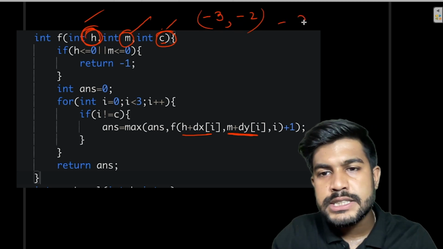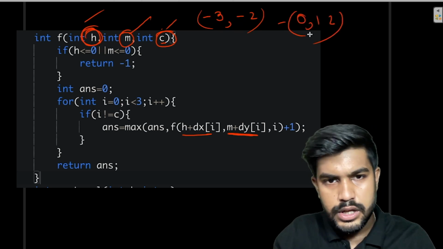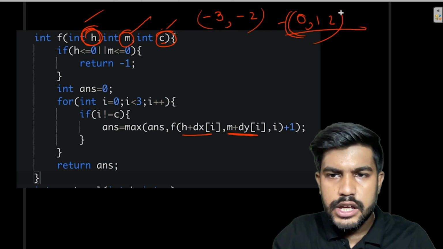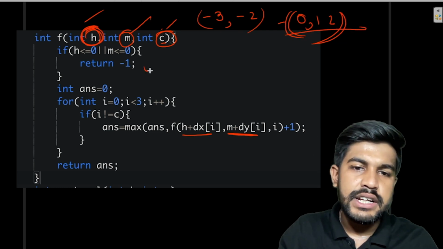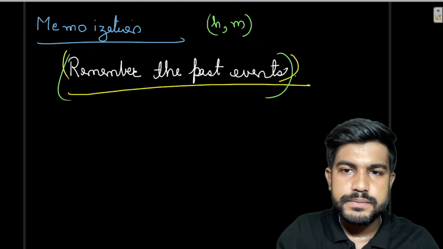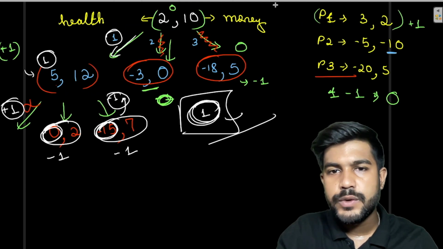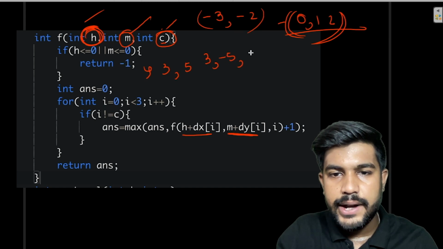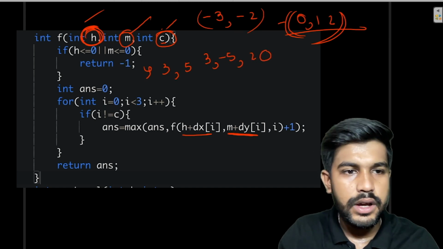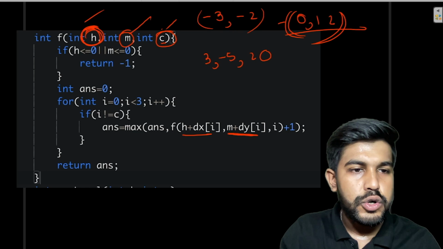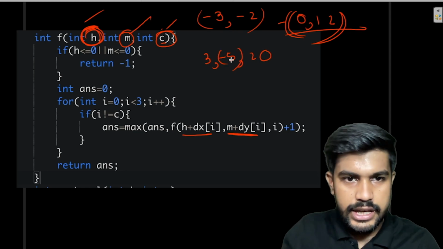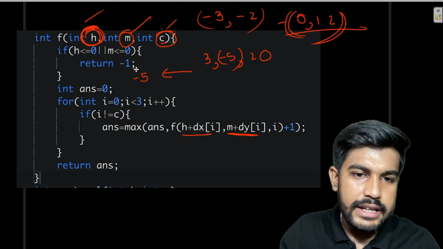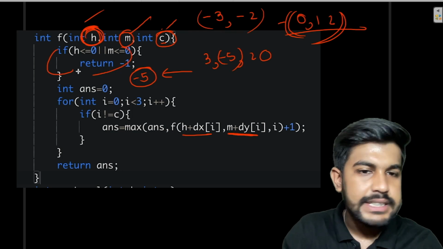And c would just be 0, 1 and 2. Okay. So this is fine. So if you observe, h is getting incremented by 3, -5 and 20. Okay. 3, -5 and 20. This one only. So if you observe that this negative thing, if it is getting on the negative side, then we are simply having a base case to handle that.